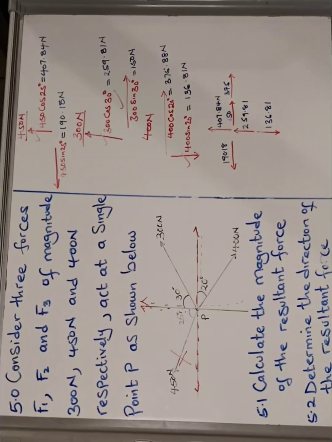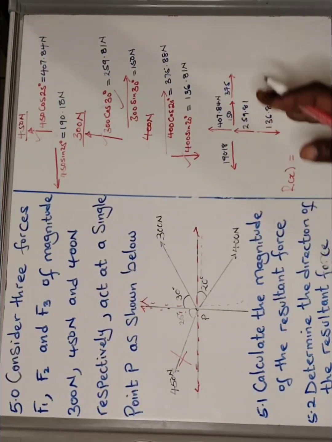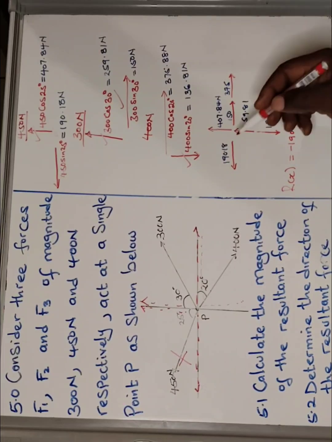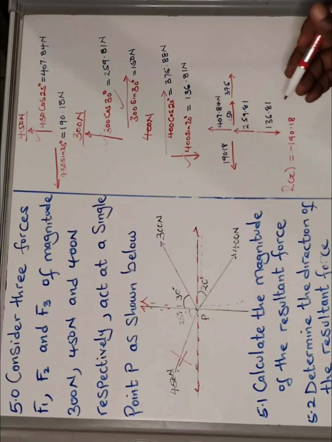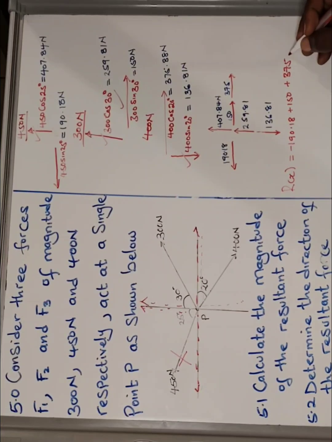So let's do that. The resultant in the x-axis is going to be equal to negative 190.18, I'm taking this one negative because it is to the left, plus 150 plus 375.